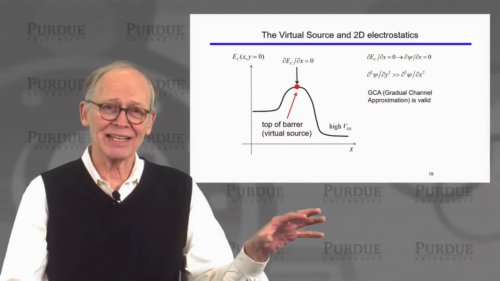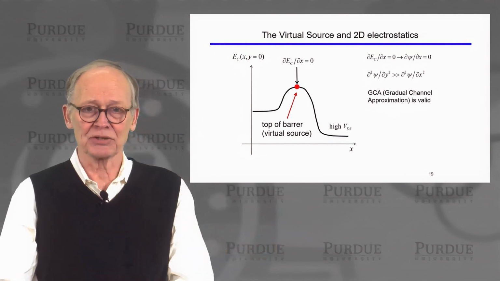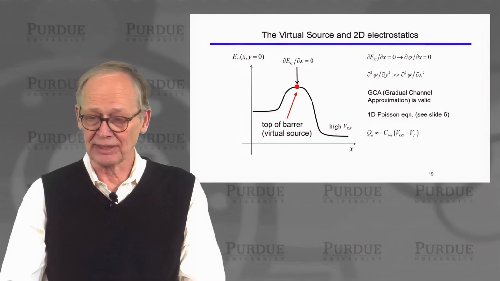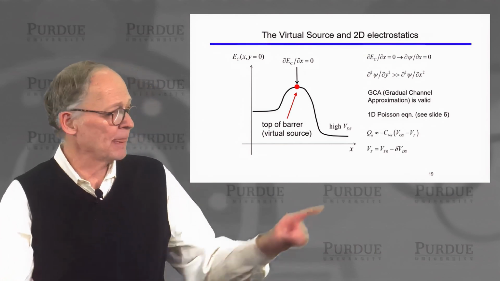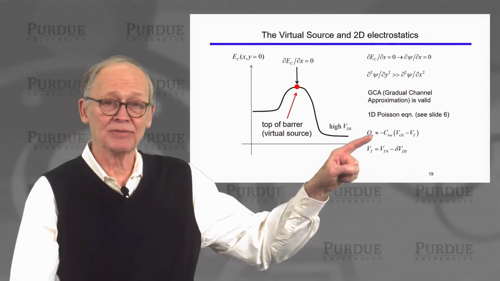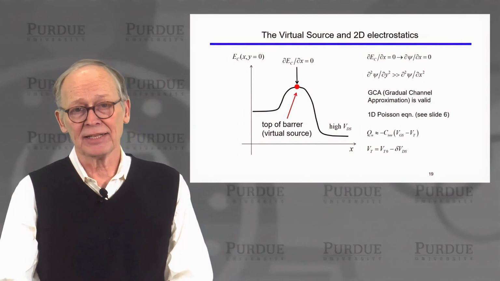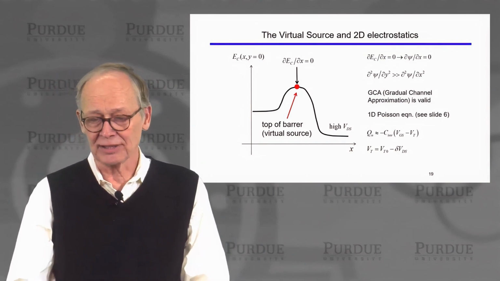It means we're going to go back and use that one-dimensional solution, and we're going to use it under two-dimensional conditions. But if we properly design the transistor, that's going to be adequate. So what that means is that at the top of the barrier, if we've designed our transistor carefully, we can say that the mobile charge is minus Cox, minus C inversion, Vg minus Vt.